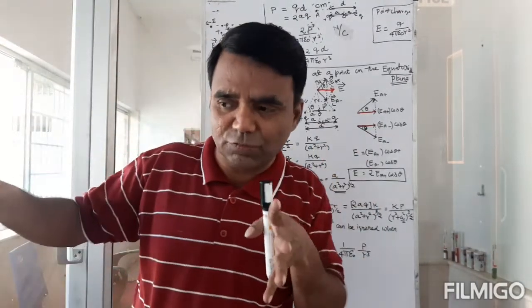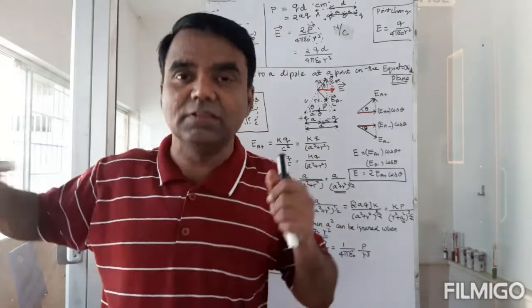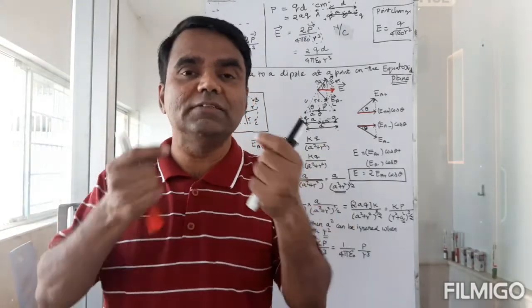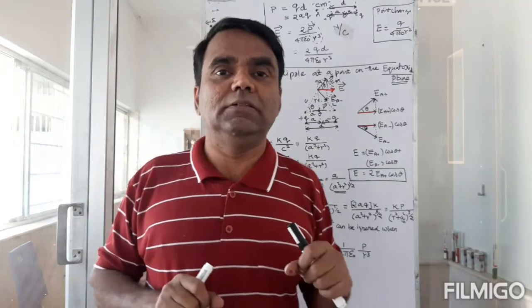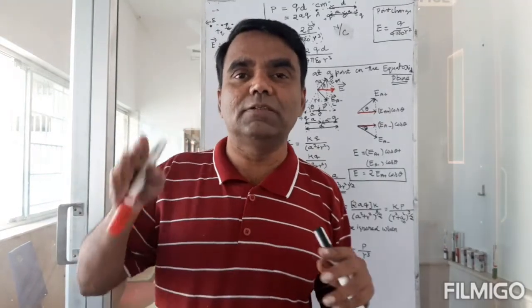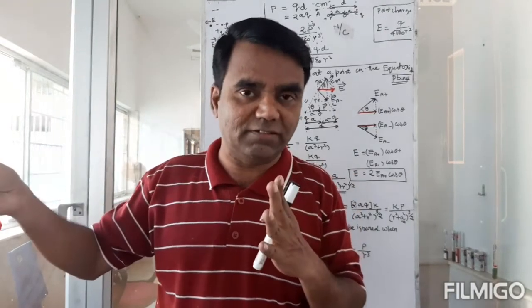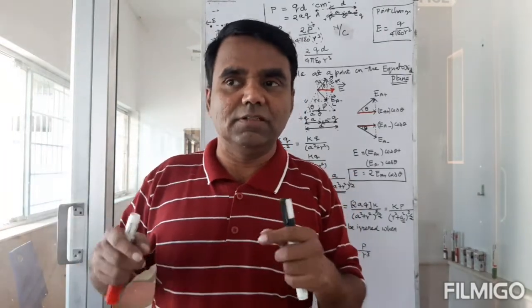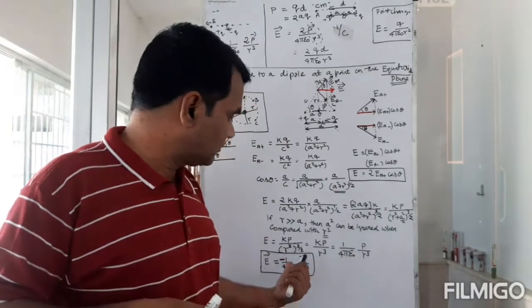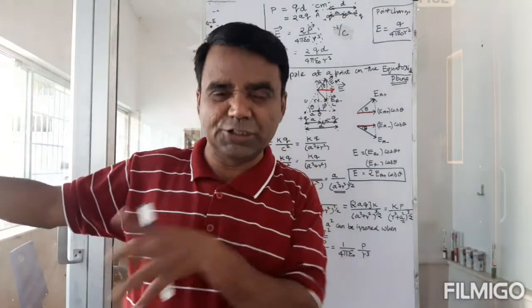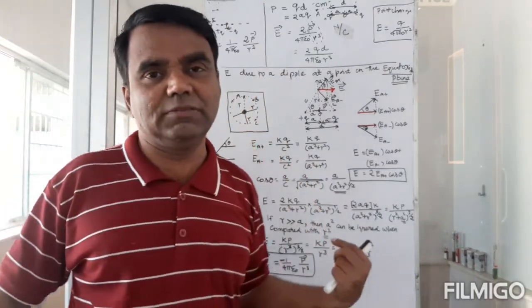So the dipole field will drop much quicker than on a single charge. The single charge field will be 1 by r square, but for the dipole, it will be 1 by r cube, is what you got there.